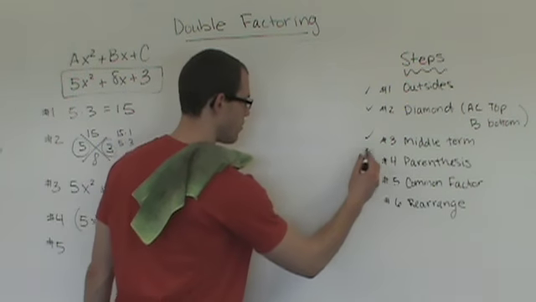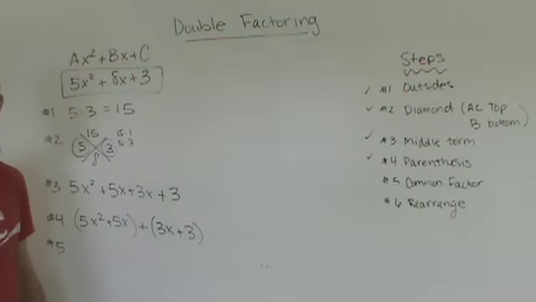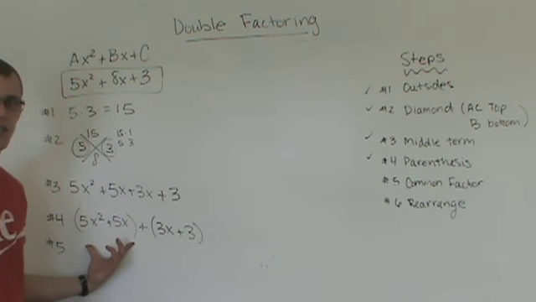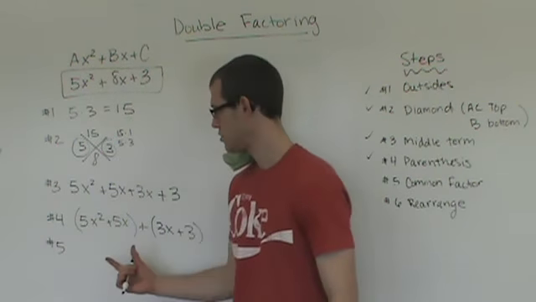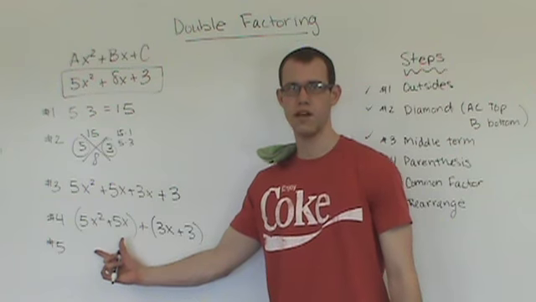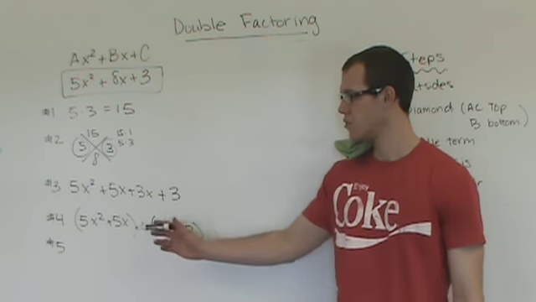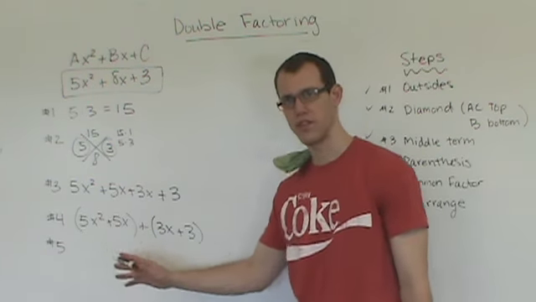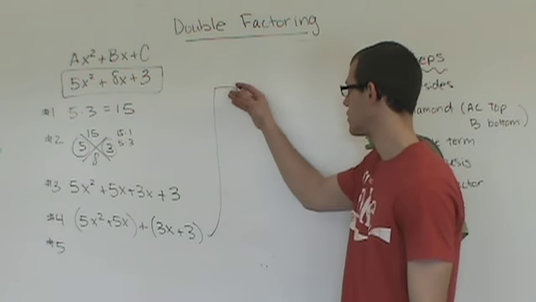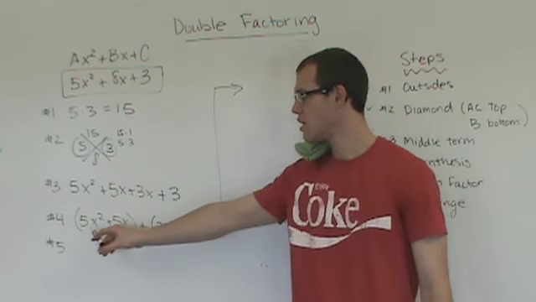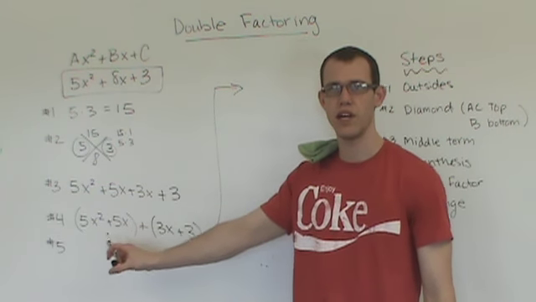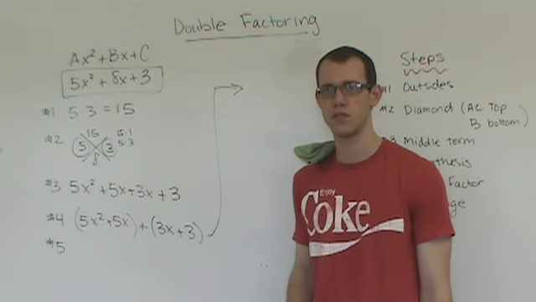Next, we're on to step number 5. We want to find the common factors out of each of these. So we want to find the common factors out of the 5x squared plus 5x and out of the 3x plus 3. All right, so looking at this, I'm actually going to write this up over here, my results. So what can be taken out of the 5x squared and the 5x from each of those?